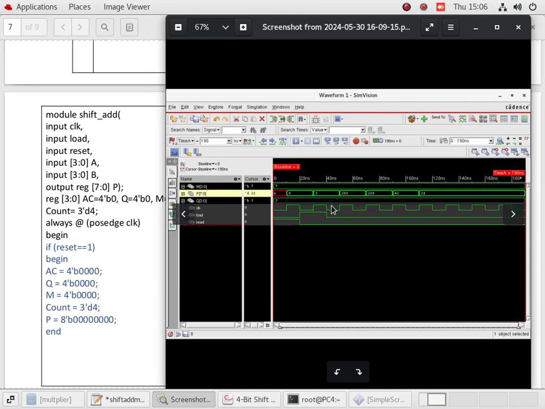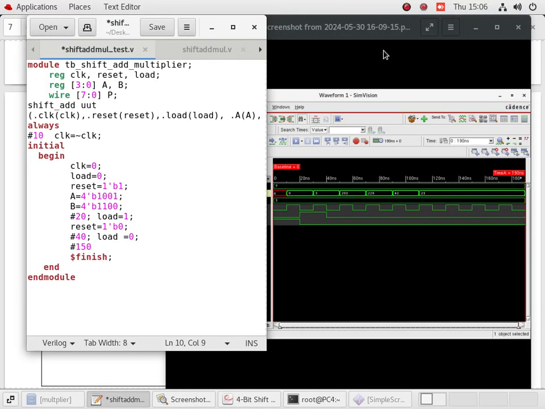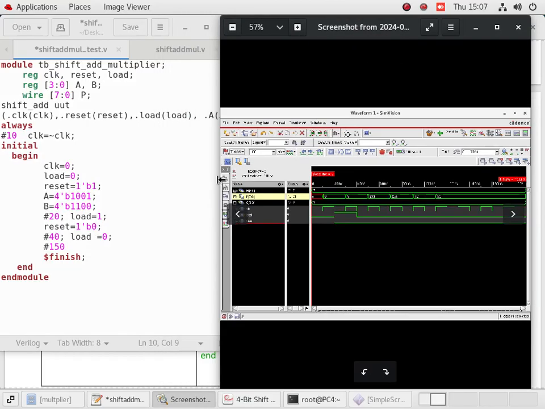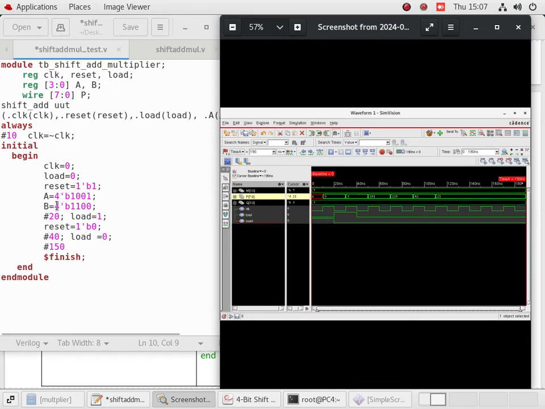Here, if you see, this is the output I have just shown. Initially the clock keeps negating every 10 nanoseconds. When the clock is 0 and load is 0, and reset is high, the values of A and B are taken.